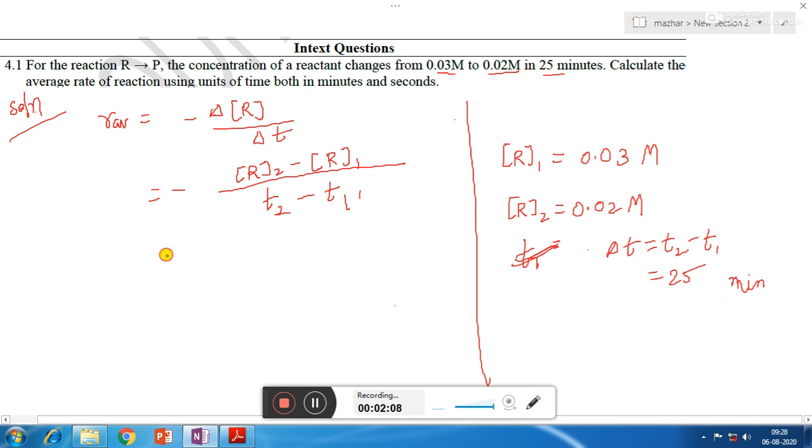So here minus, now R2 is 0.02 minus R1 is 0.03 upon delta T, that is T2 minus T1 is 25, so that is equal to minus 0.01 upon 25.